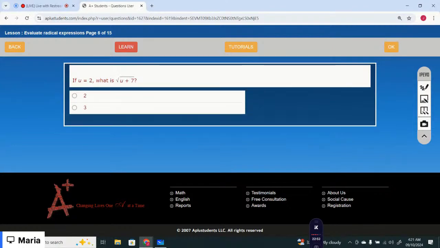Okay, the next one is: if u equals, what is square root of u plus 7? So which is the correct option?